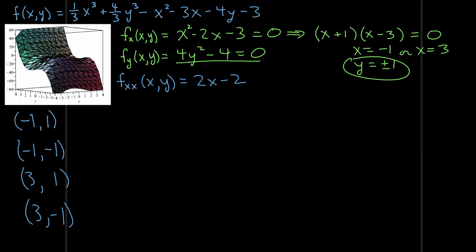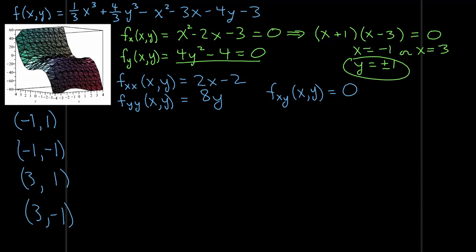Now let's go ahead and do the second derivative of the y. And that's just going to be 8y. Now let me go ahead and do the f of xy, because we're going to need that one. And the f of xy is going to be 0.